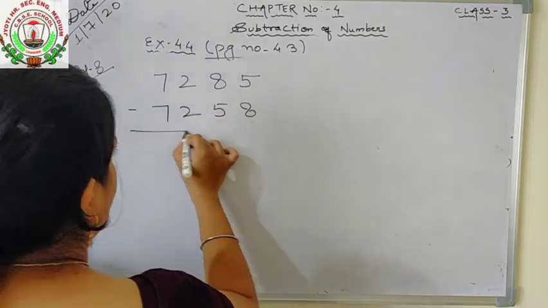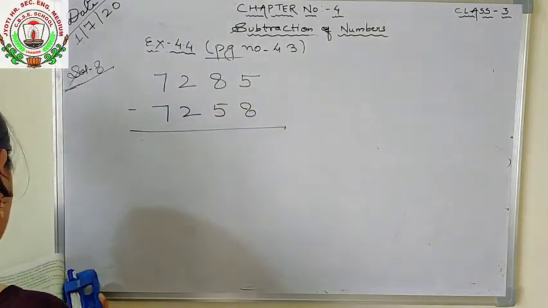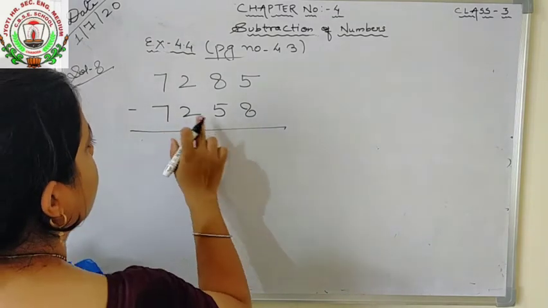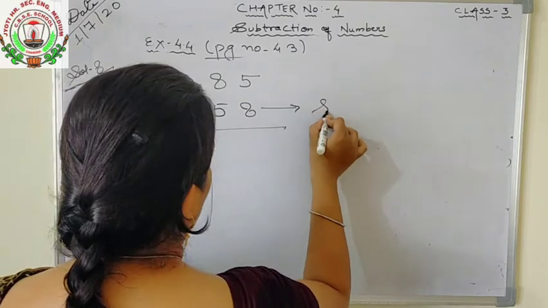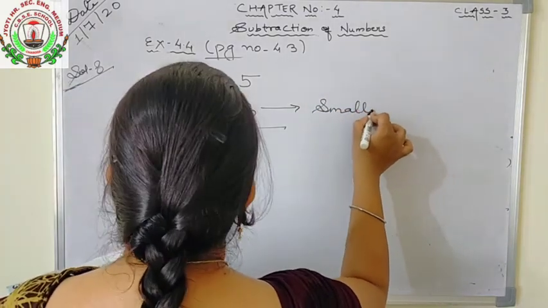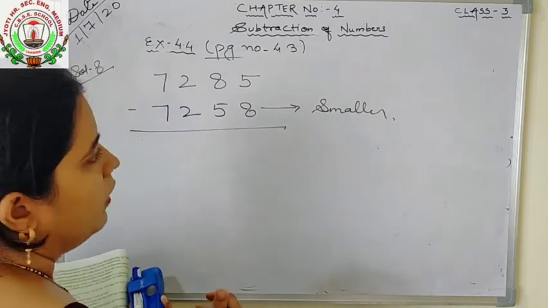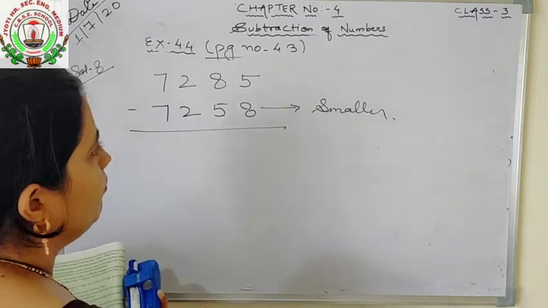Which is smaller? The question is which is smaller. So the smaller number is 7258, and by how much? That we can find after subtracting the numbers.